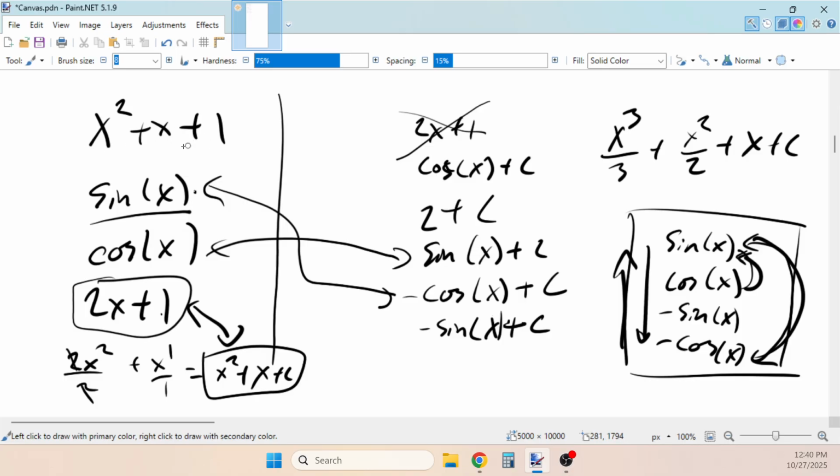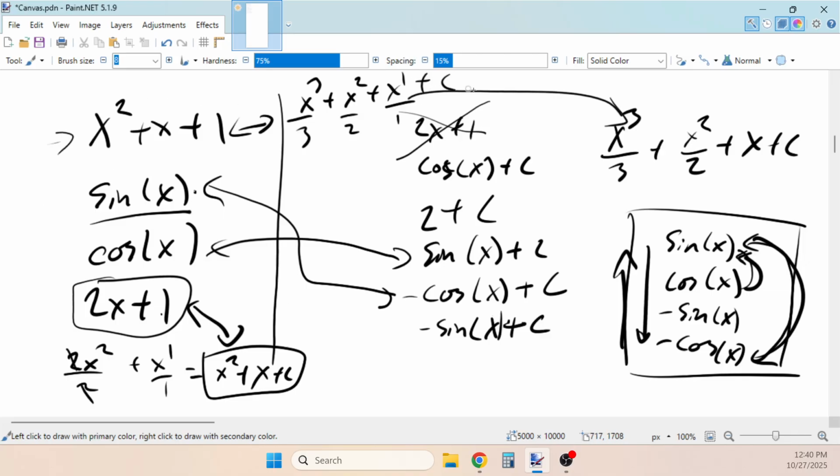Anyway, this one here by the same reasoning, powers, divide by the power. I would have had one matches with constant. That's the one.